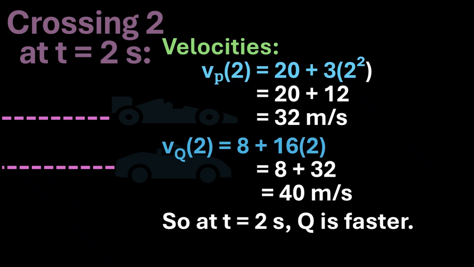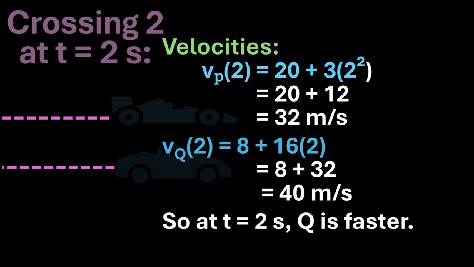What I'm trying to convey here is, if the same question had been given in a different manner, say the description is the same, and the question goes like this: consider the following statements. Statement number one: at the second crossing, car P travels faster.